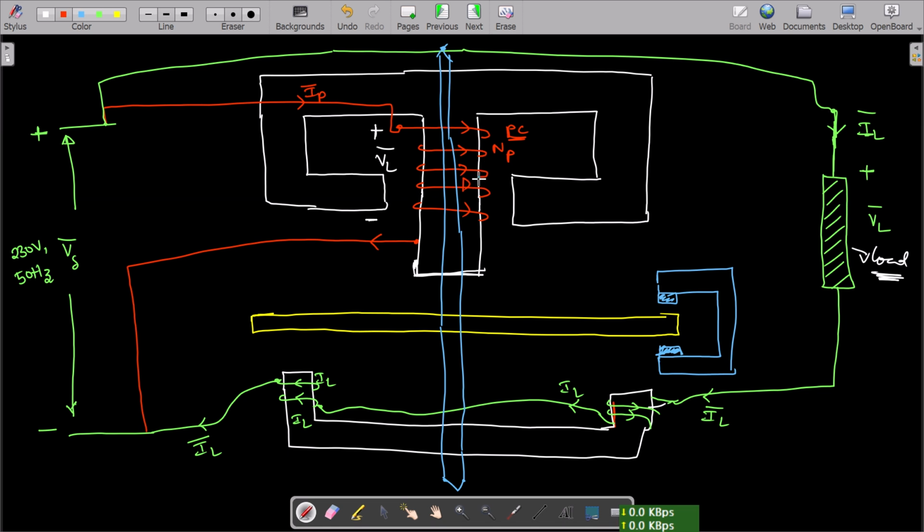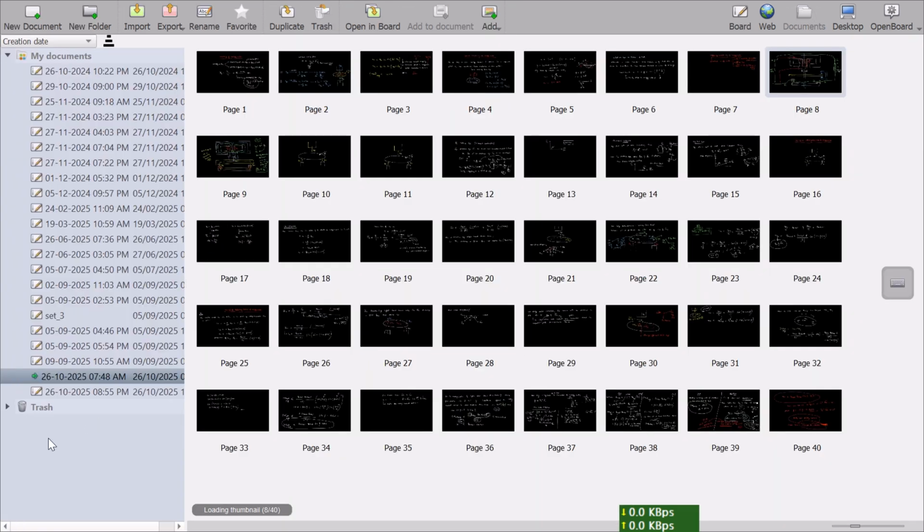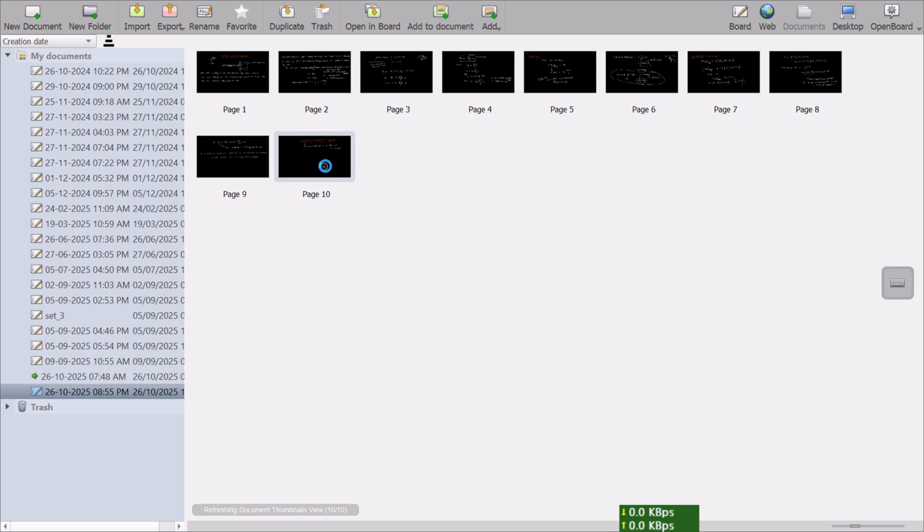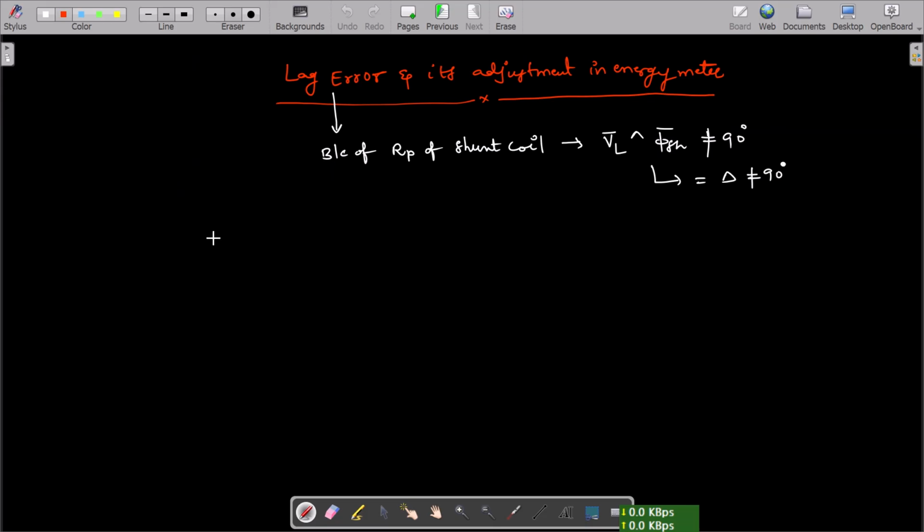Now, how does the equivalent circuit of this pressure coil or shunt coil look? Whatever the pressure coil or shunt coil is, it is going to have some resistance and some reactance.